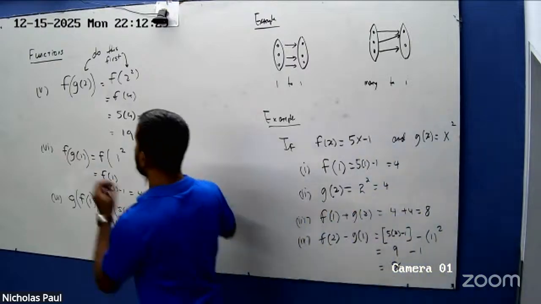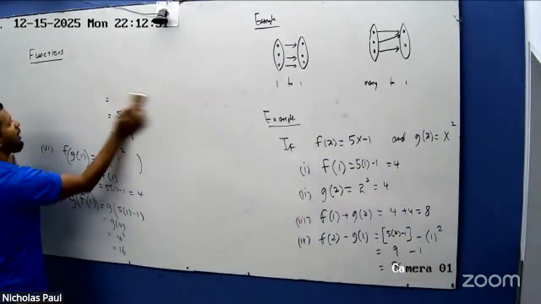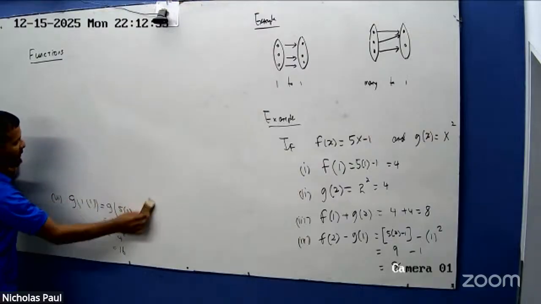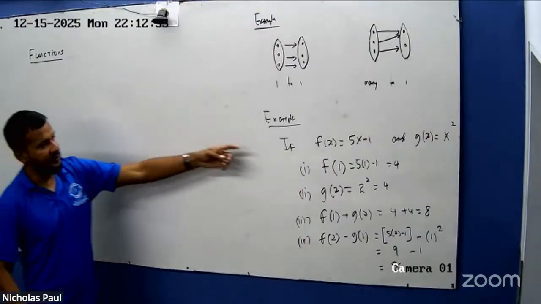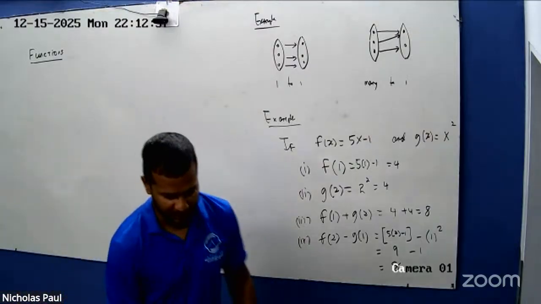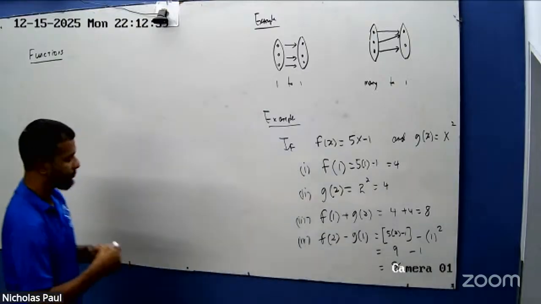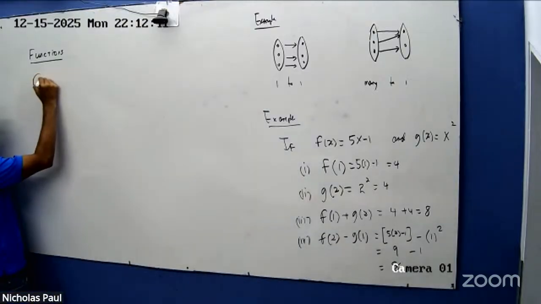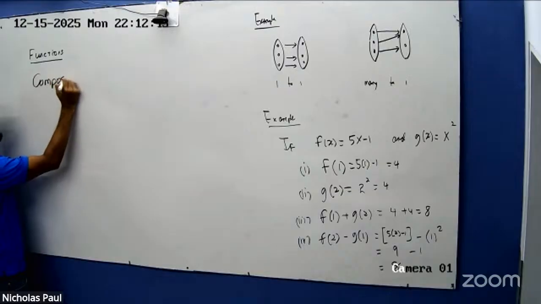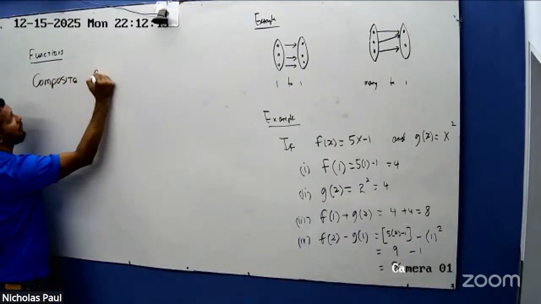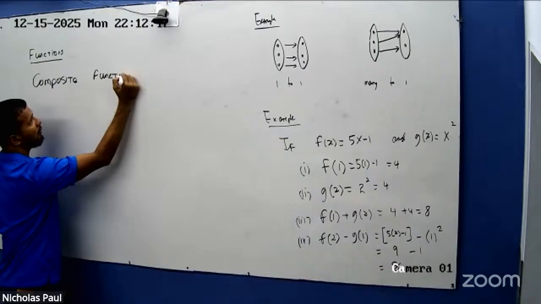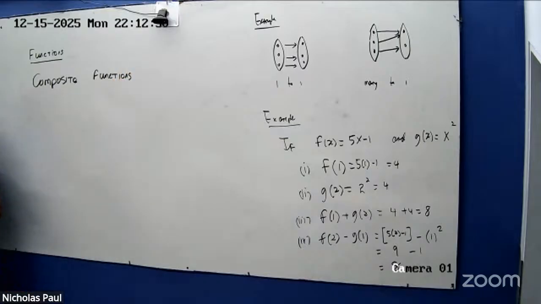Okay, so your next small heading is something called composite function. I'll use these two as an example to demonstrate, right? Right, so write a small thing. Composite functions are functions of functions.